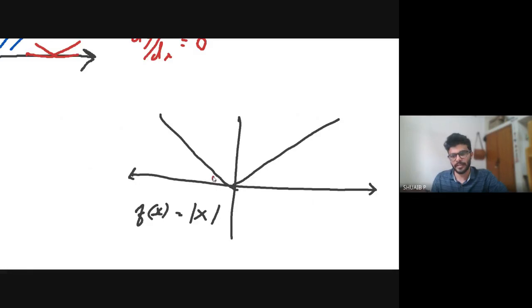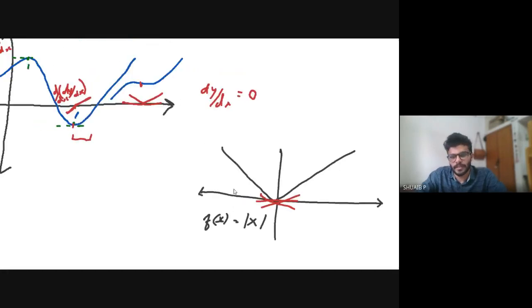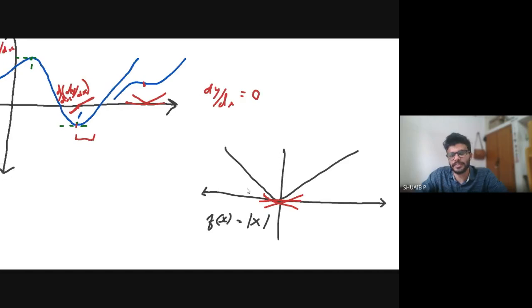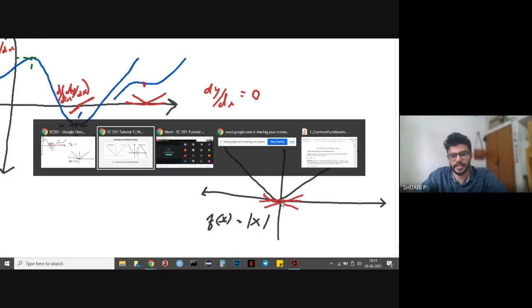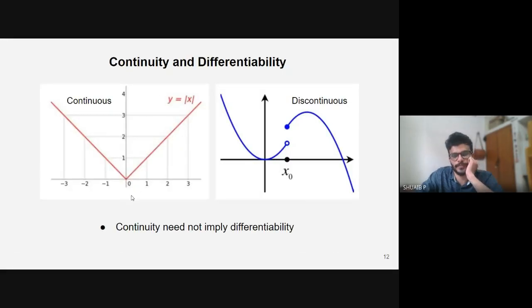Here we can draw many tangents to the point, as it's a sharp point, like the slope changes abruptly, so the derivative of the function is not defined at that point. So even though this function is continuous, it's not differentiable at the origin, at the point 0.